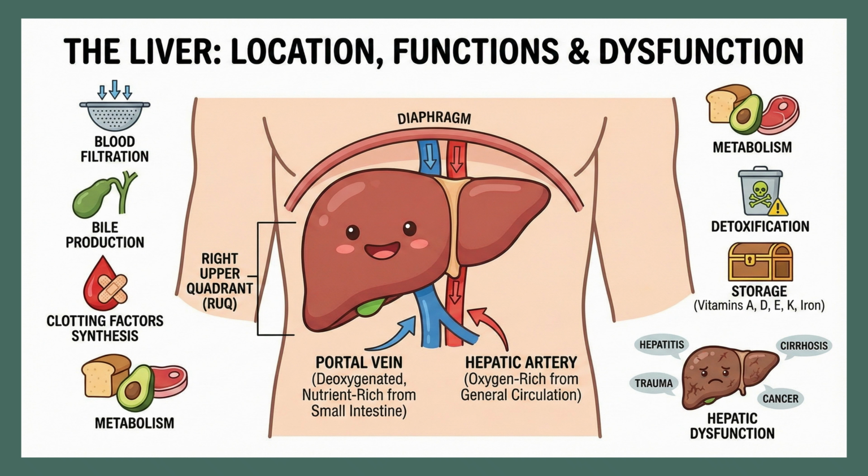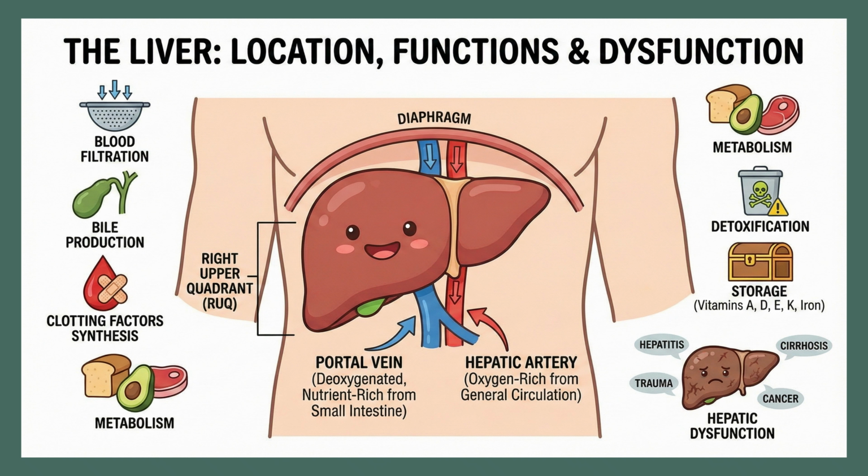Introduction to hepatic disorders. First up, let's set the stage by understanding the star of the show, the liver. Liver function and anatomy: the liver is one of the largest and most complex organs in your body. It's located in the upper right quadrant of the abdomen, nestled right under the diaphragm.